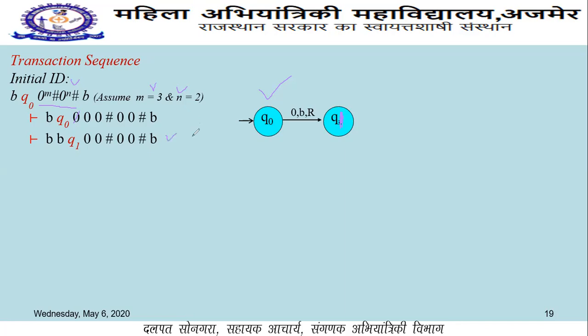Of course at this situation we just pass all these components, all this sequence, and reach this multiplier. Okay, so after passing this 0, whenever we read 0 at q1, we just pass it without changing these terms and move on right hand side direction.